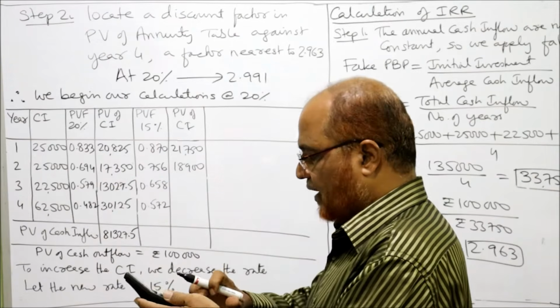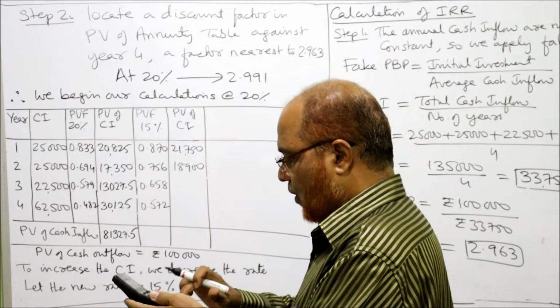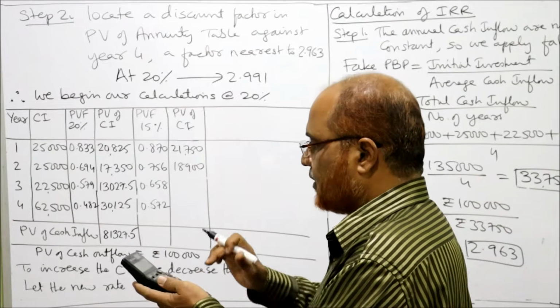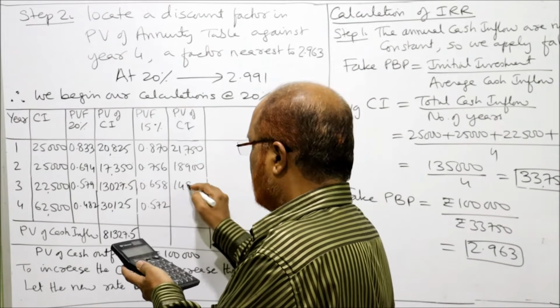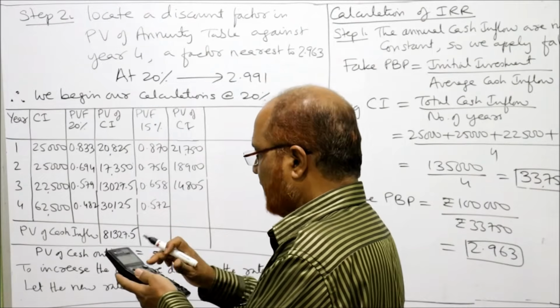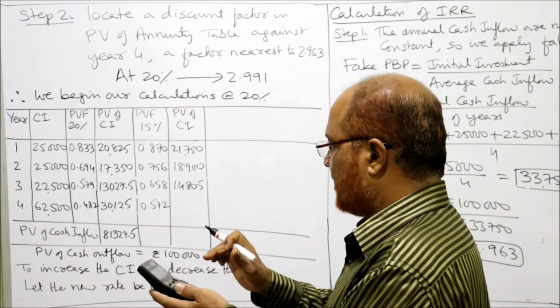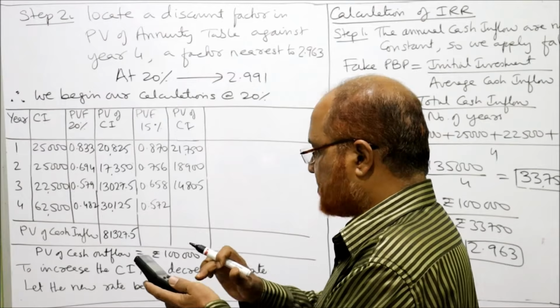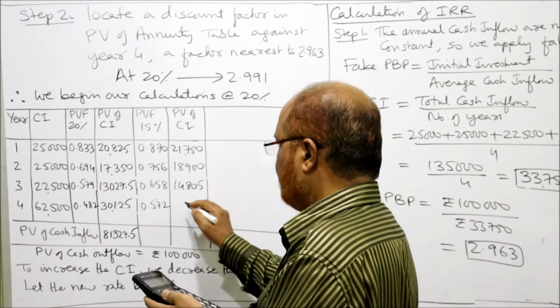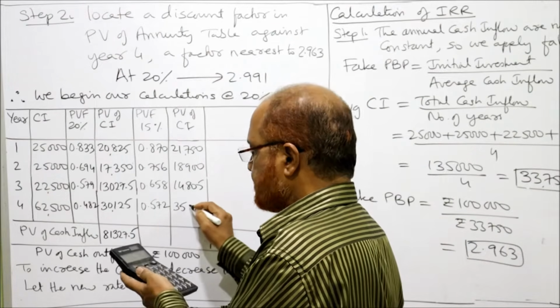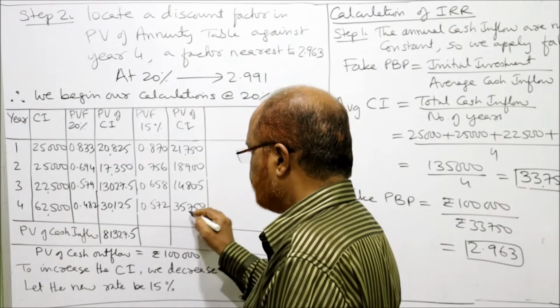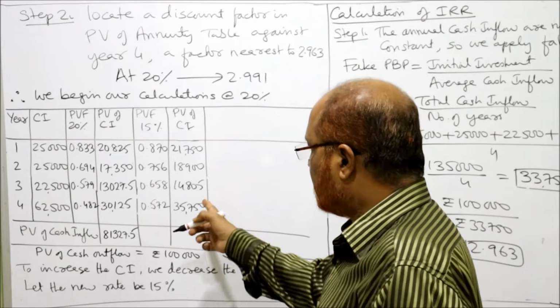Here 22,500 into 0.658, you are getting 14,805. Last one, 62,500 into 0.572, 35,750.